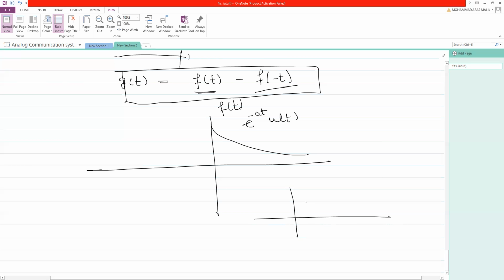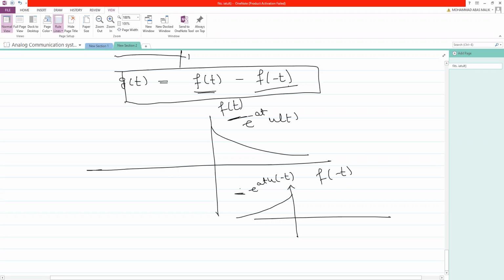This f of minus t is e raised to the power at, u of minus t, because you are just putting minus t everywhere. Minus and minus is plus, so this will be e raised to the power plus at, u of minus t. You have to subtract this from f of t.